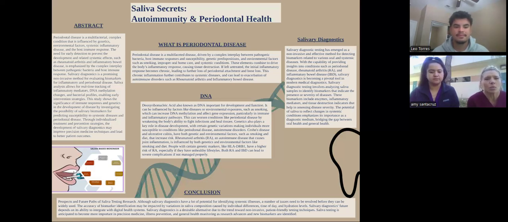Today, we will explore the complex nature between periodontal disease, its systemic implications, and how advancements in salivary diagnostics could revolutionize modern healthcare. So I want to go ahead and discuss how both genetics and environmental factors influence the risk of periodontal disease, which is a common condition that affects the gingiva and supporting structures of your teeth.